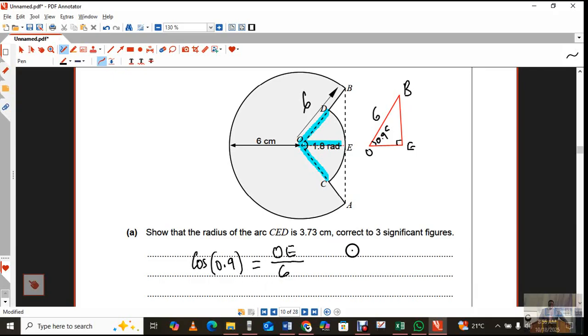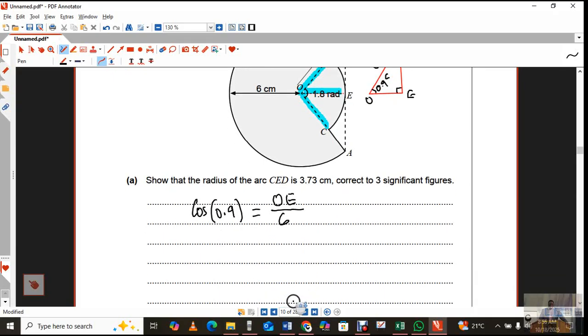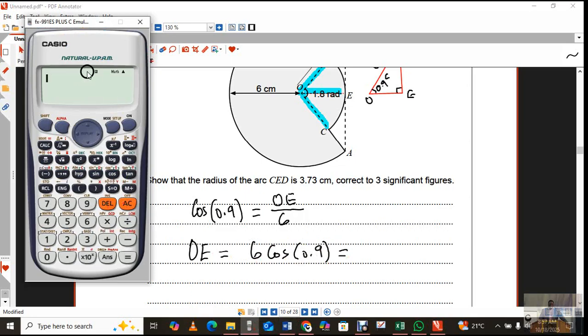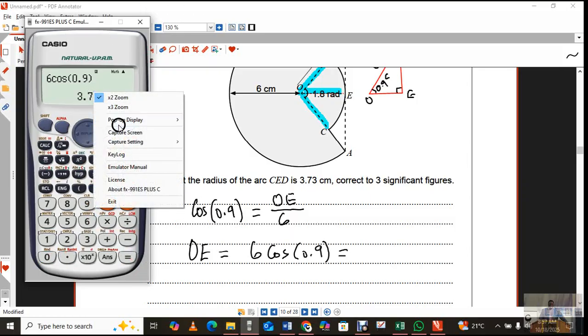And this is given in radians, so make sure your calculator is in radian mode. Now, OE, which is my radius, is going to be 6 times the cosine of 0.9. So let's see what that is. Calculate this in radian mode: 6 cos 0.9 and hit enter. Of course, I get 3.72.